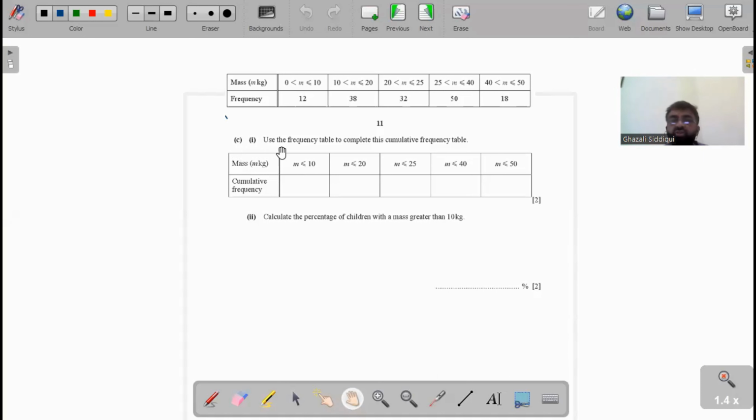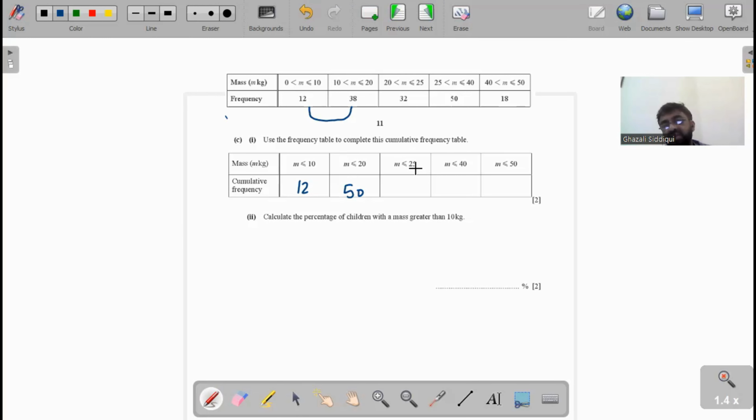Now in part C, use the frequency table to complete this cumulative frequency table. Here the mass is less than 10: the number of children having mass less than 10 is 20, very simple. The number of children whose mass is less than 20, we add these two values, we get 50.